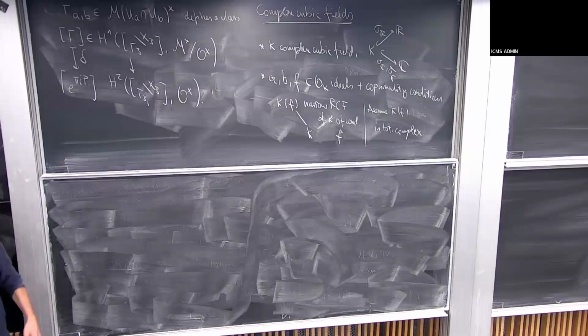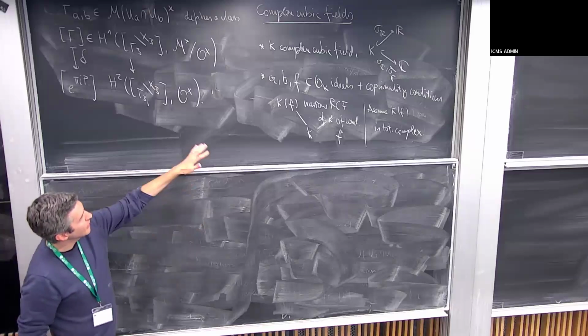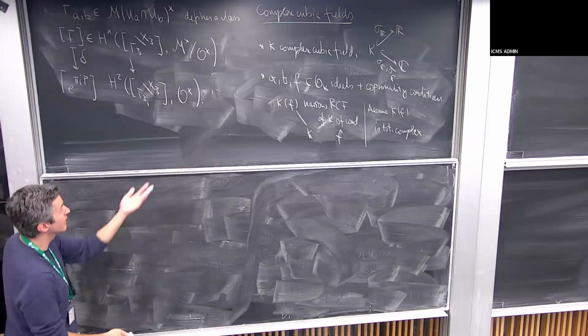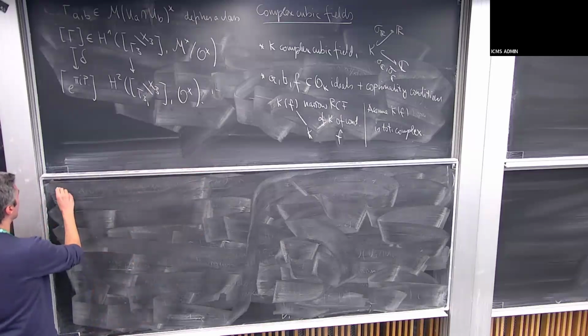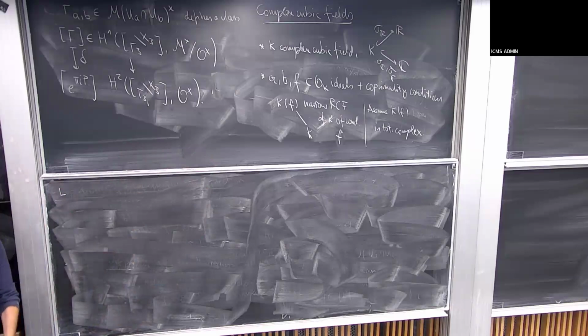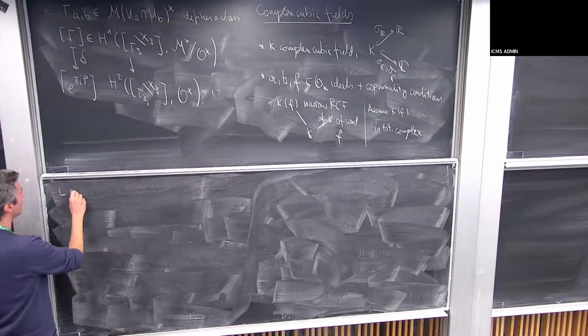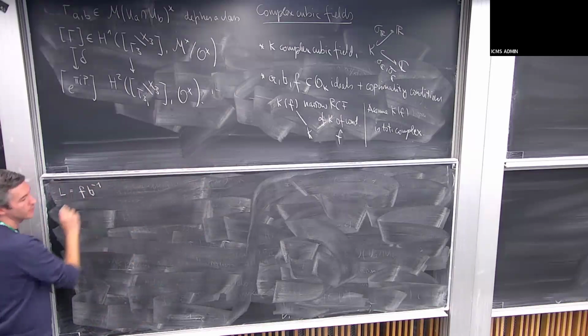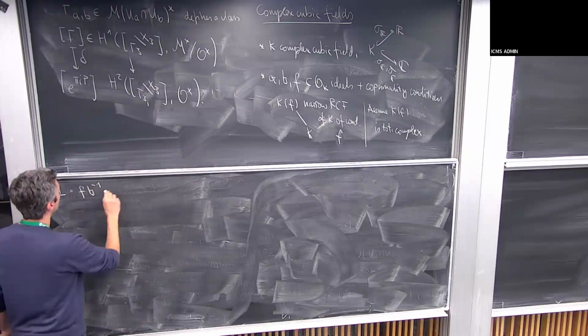Now I'm going to tell you how to use the elliptic gamma function together with this data to define a number in this generality. First we need a rank 3 lattice, which is just going to be F inverse, a fractional ideal.